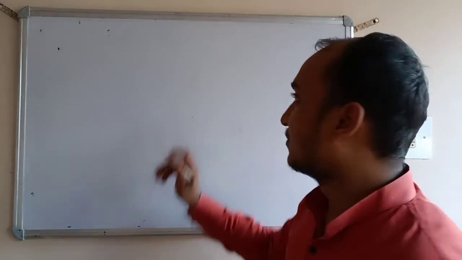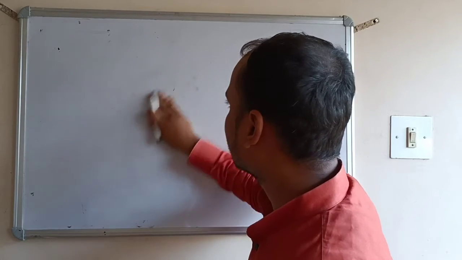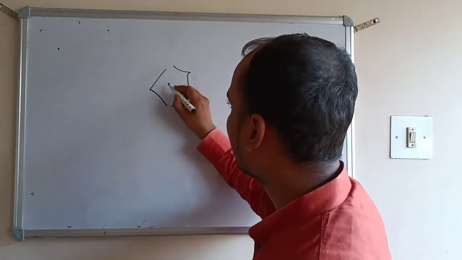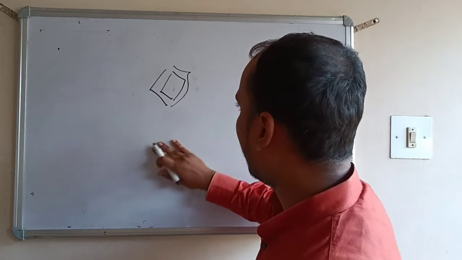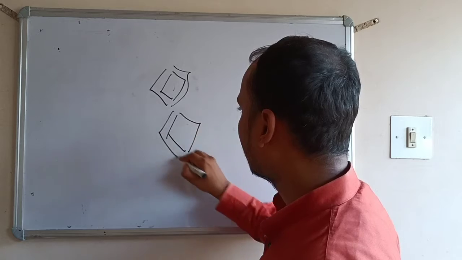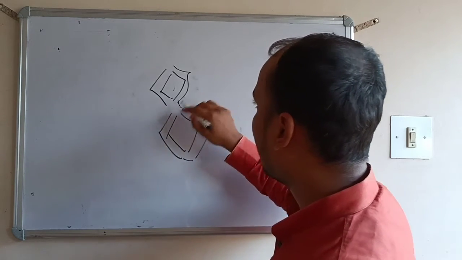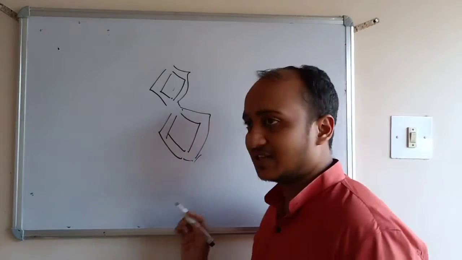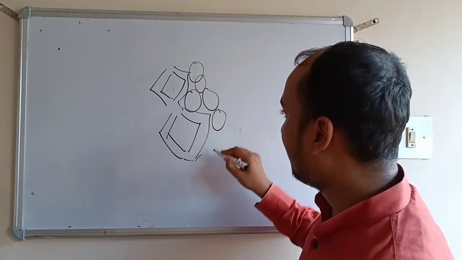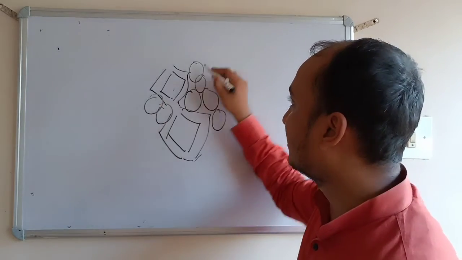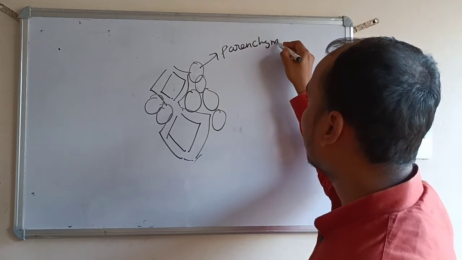Now let us draw the other structures of the xylem tissue. We have already studied this. These are pits and these are xylem vessels. Now these circles are loosely packed, and these are parenchyma.